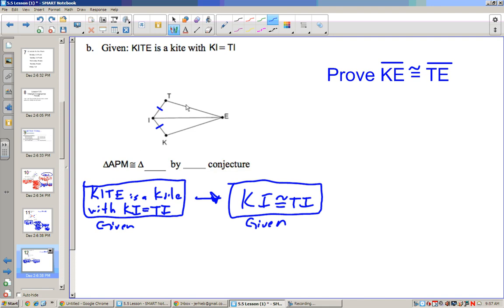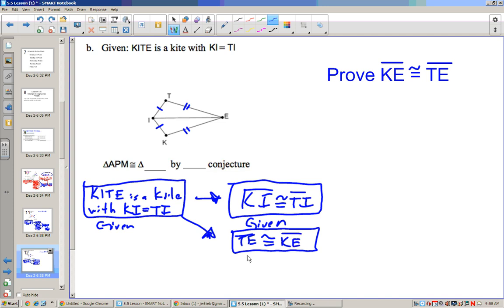Now if it's a kite, TE is going to have to be congruent to KE. And that's just a definition of a kite. So TE, we should have segments if we're talking about congruence, is congruent to KE.